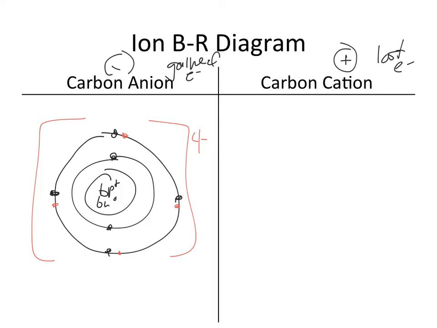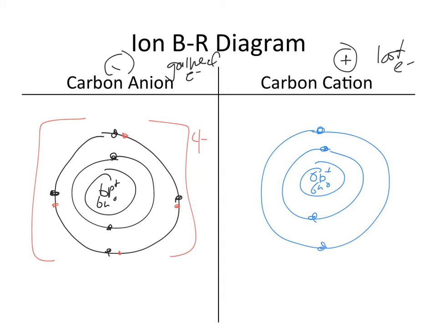Similarly, if we look at our cation, again, we start off with this. There's 6 protons and 6 neutrons, and we'll have 2 in our first shell. Now, carbon originally, again, had 4 electrons on the outer shell, but again, it wants to get a full outer shell, and that means it has to lose a certain amount of electrons. Right now, it has 4. If it loses 1, it's still going to have 3 in the outer shell. If it loses 2, it'll still have 2.